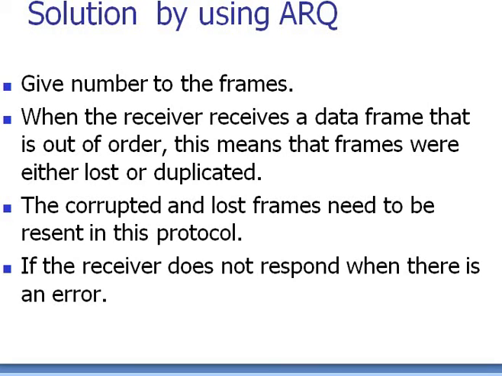In ARQ, we can find a solution by giving a number to the frame, such as a sequence number. When the receiver receives a data frame that is out of order, this means that frames were lost or duplicated. The corrupted or lost frames need to be resent in this protocol. If the receiver does not respond, then there is an error.